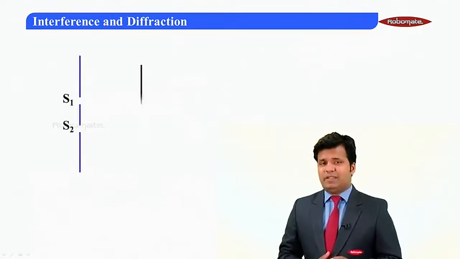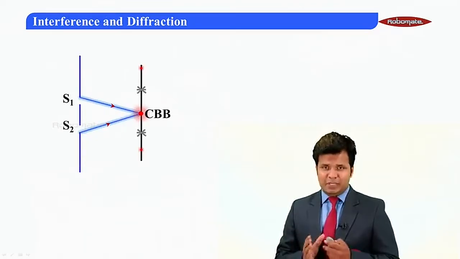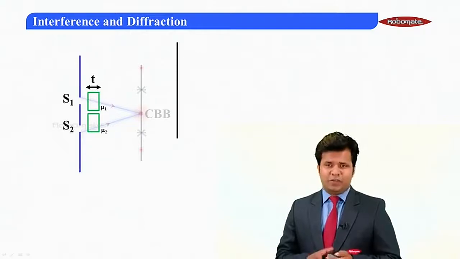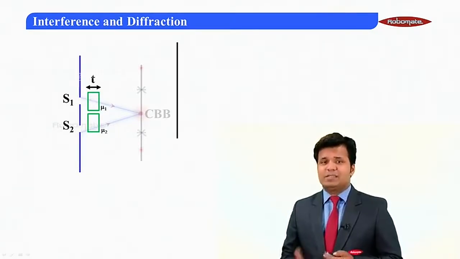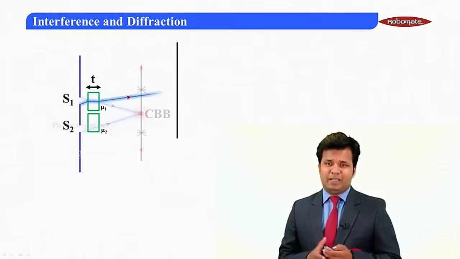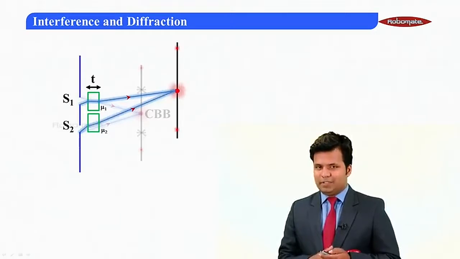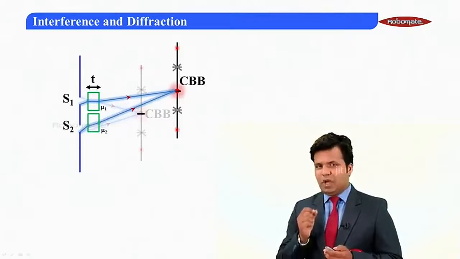So this is in the absence of both these refracting materials, the pattern is pretty simple. But when two slabs of the same thickness but different refractive indices are introduced, here mu1 is greater than mu2, my pattern shifts somewhat like this. You can see the shift has again moved upwards.